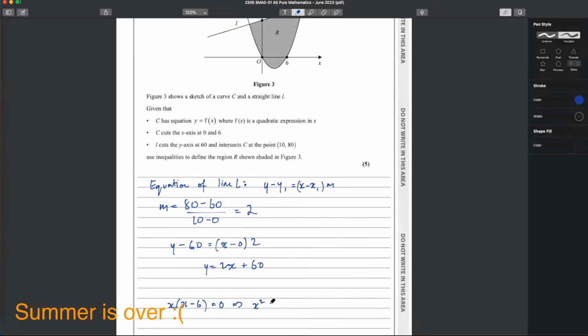So this is x squared minus 6x equals 0. That's a 0, not a 6.